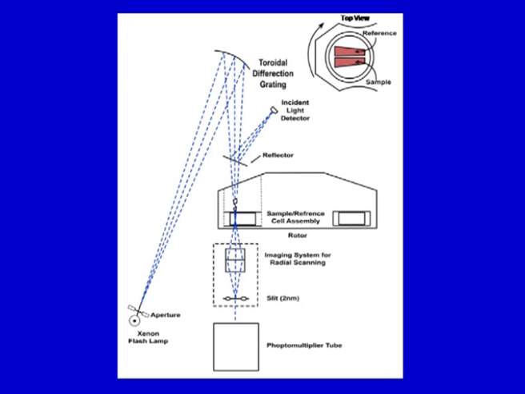Here you can see that there is a lamp, an aperture, a toroidal diffraction grating, the incident light detector is here, and a reflector. There is a sample cell, these are two cells in this particular rotor chamber. There is place for two cells, and here there is an imaging system, and finally a photomultiplier tube is utilized in place of photographic film.